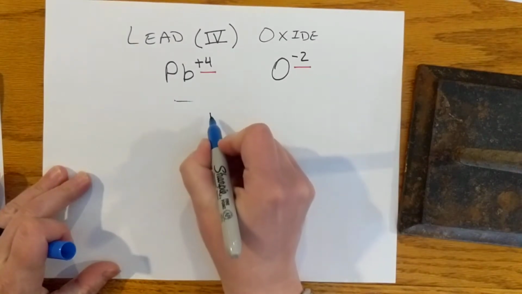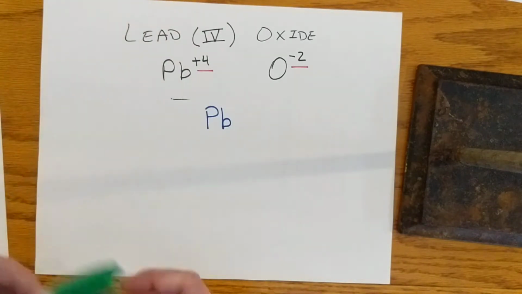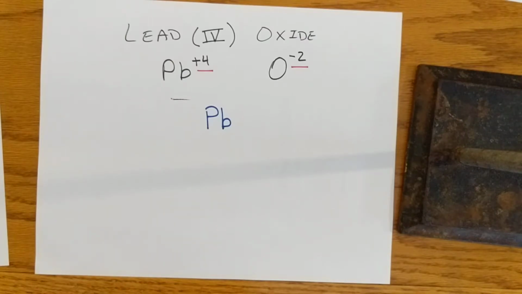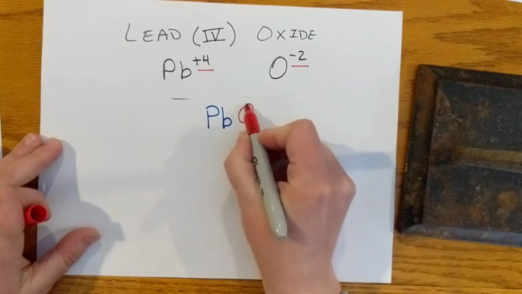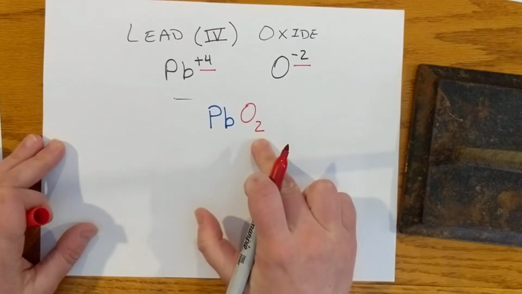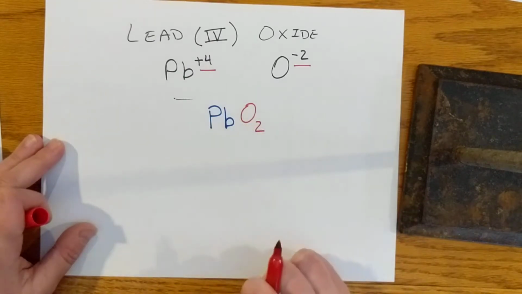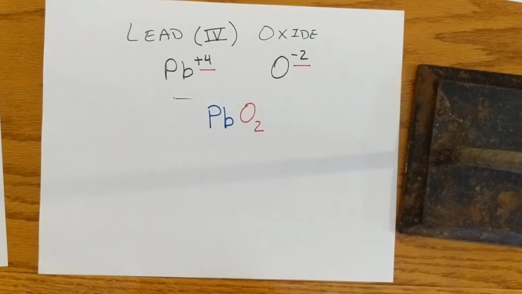So my formula is going to be Pb, and then I need 2 of those oxygens. So it's going to be PbO2. And then this 2 is what's called a subscript. It means that there's 2 oxygens attached to this lead.